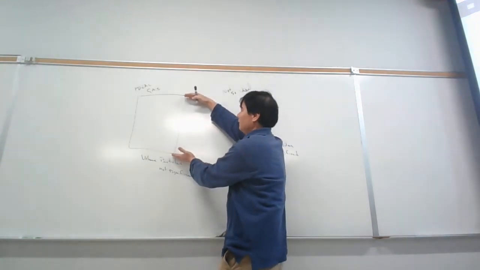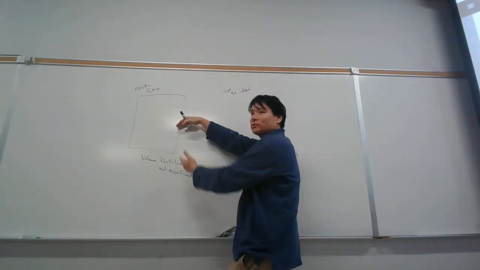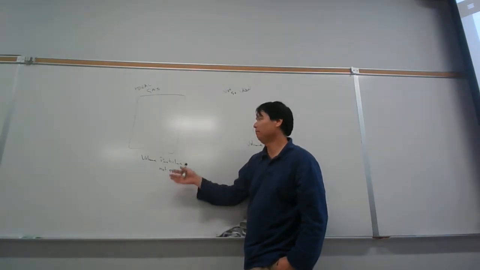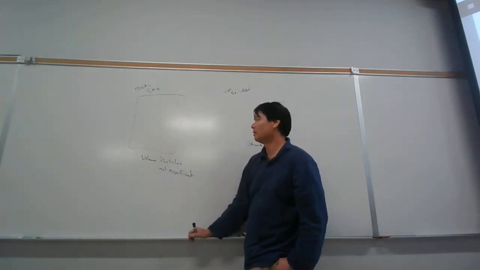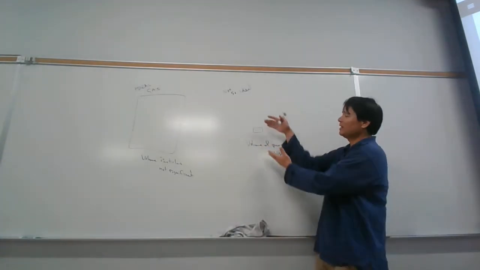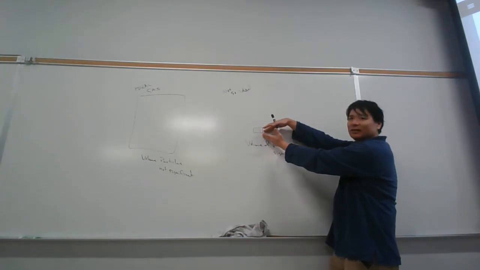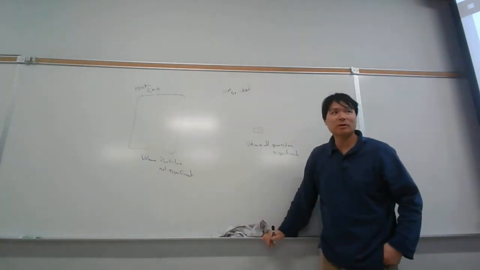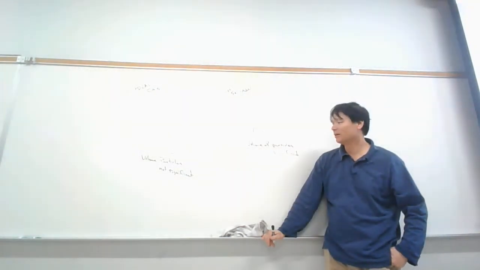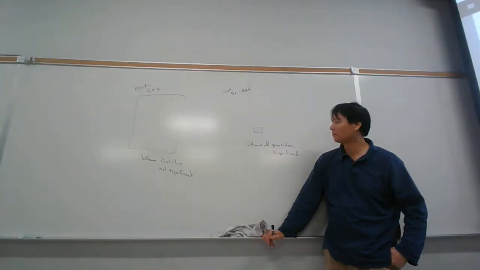If I compress the volume to half, the pressure is going to double because of the same number of particles in half as much space. But when a gas isn't so ideal, if I cut the volume in half, then you would expect the pressure to double, but other things can happen. You can have nonlinear behavior.